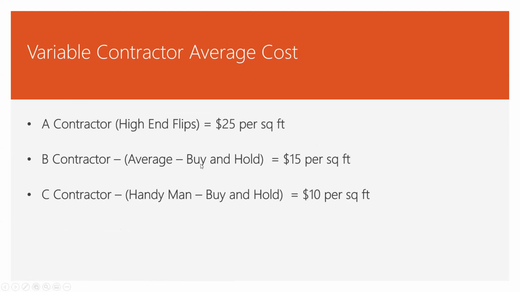You don't want to use an average for the buy and hold or the handyman. If you're going to do a full rehab and flip the property, you might start with the average cost, but then as you get into the project, you might want to do a more detailed cost: what the windows are going to cost, what the floor is going to cost, etc. But I always start at the high level, and then I work my way down to the details.